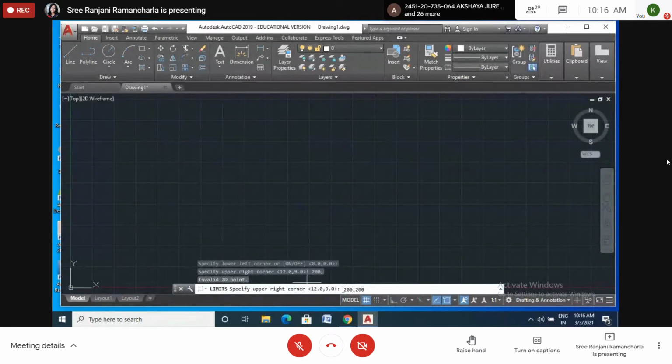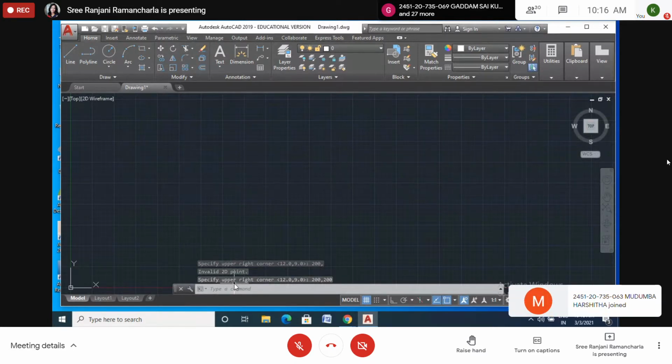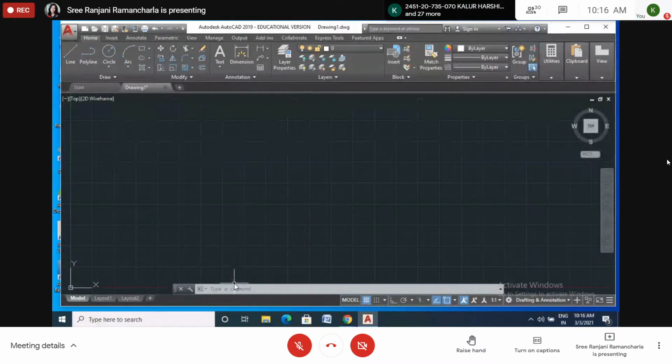Okay. Now enter. Now we set the limit of one particular size. But that sheet is somewhere on the table, not in front of us. The sheet is selected, but it is not in front of us. So what do we have to do?